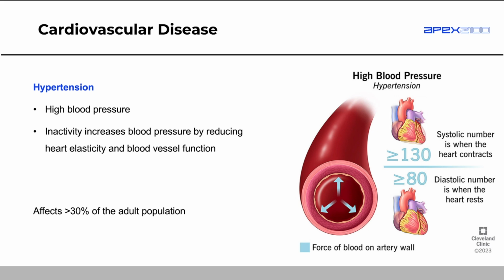If we have a stiff blood vessel, which occurs when we're inactive, our arteries can stiffen, then we're unable to account for that sort of rush of blood that occurs in that systolic contraction of the heart, and therefore we have this increase in blood pressure. So the stiffness of the arteries increases the blood pressure, and hypertension affects over 30% of the adult population.